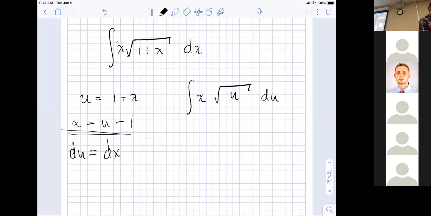So this is equal to the integral of x is u minus 1 times the square root of u. I'm going to write that as u to the 1/2 du.